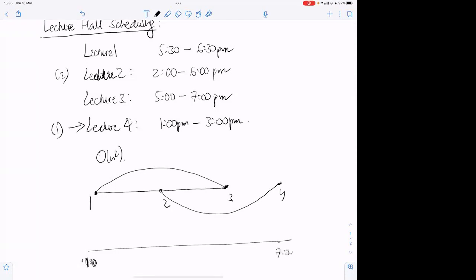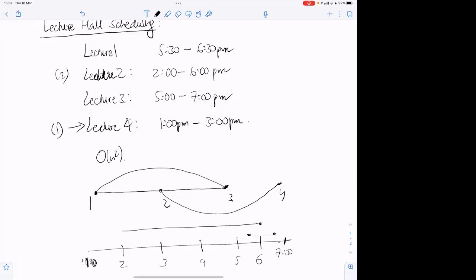So you map them onto 1, 2, 3, 4, 5, 6, 7. Now lecture 1 goes from 5:30 to 6:30. Lecture 2 goes from 2 to 6 p.m.